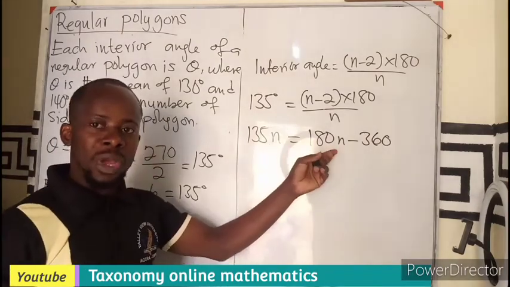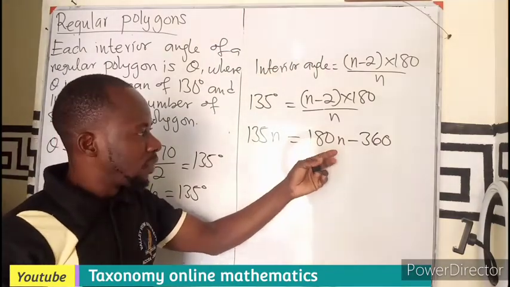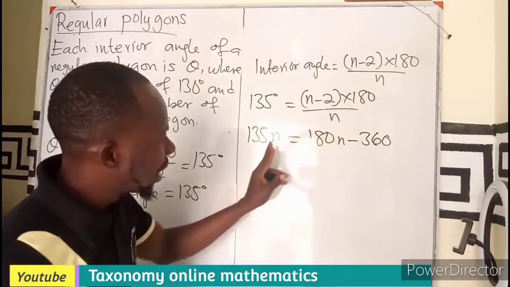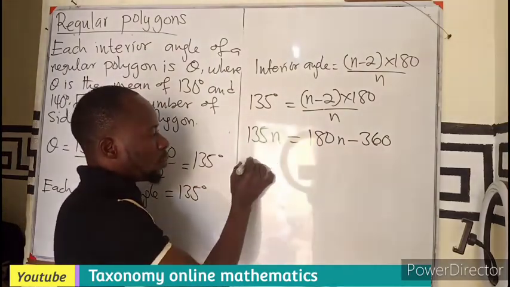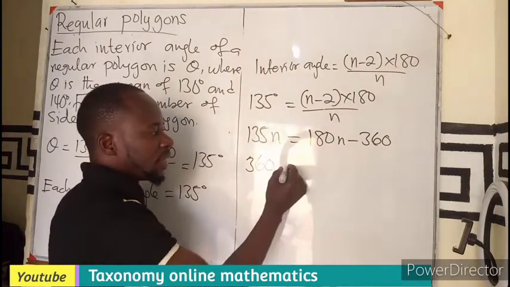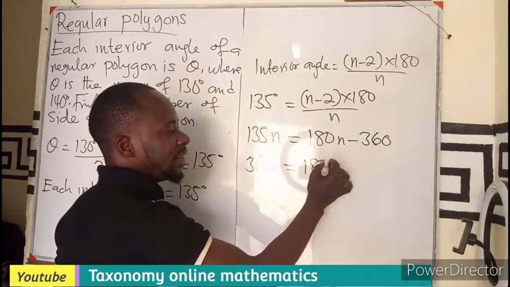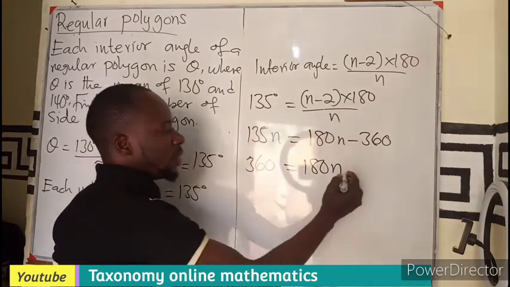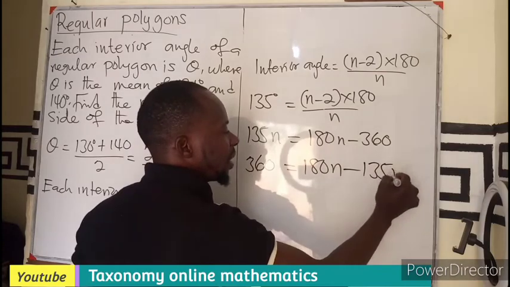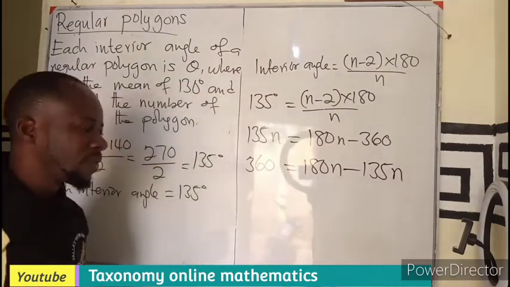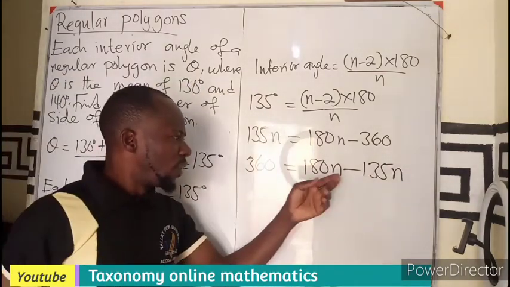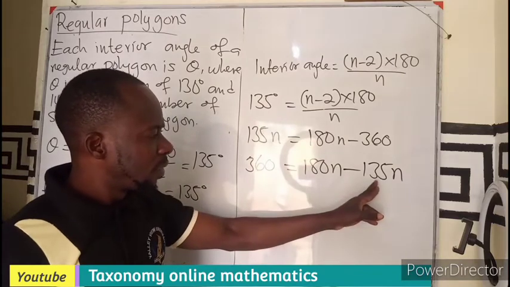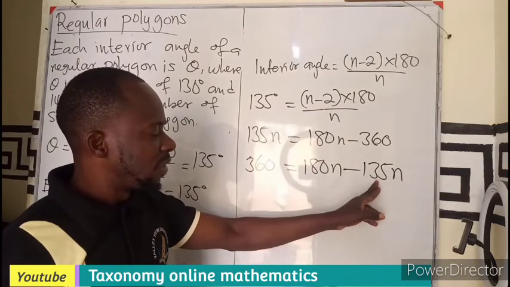I believe I see n. So I'm looking for like terms. So this being negative can come to this side to become what? Positive 360. Then I maintain 180n, bringing 135n to that side. So if you subtract this from this, we have 45.